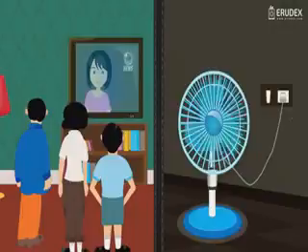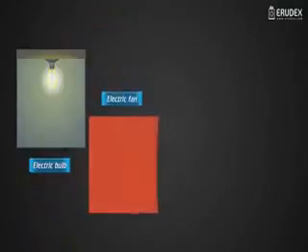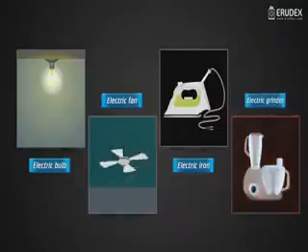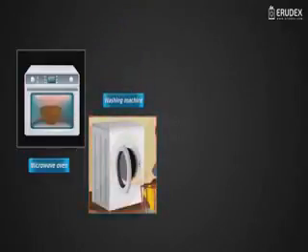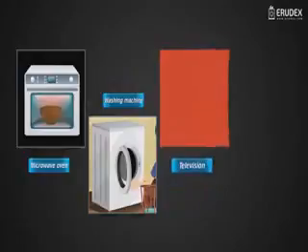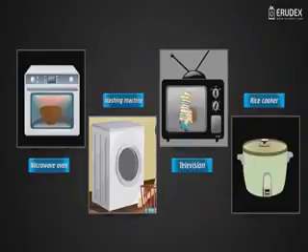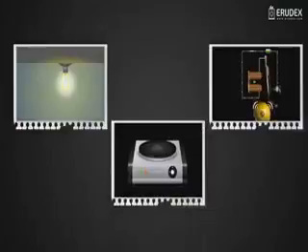We need electrical energy to run all electrical appliances in our home, like electric bulb, electric fan, electric iron, electric grinder, microwave oven, washing machine, television, rice cooker, and many more electrical appliances present in our home work with the help of electricity.